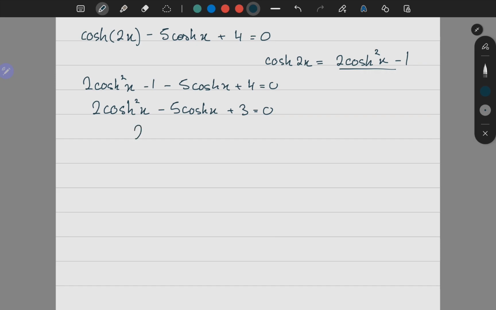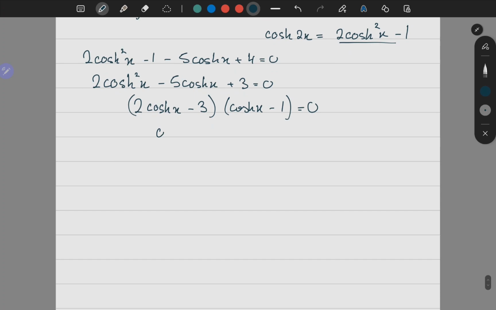When you factor it, I think it's going to be 2 cosh x minus 3, and the other one is going to be cosh x minus 1 equals 0. So cosh x is equal to 3 over 2. Then cosh x is equal to 1.